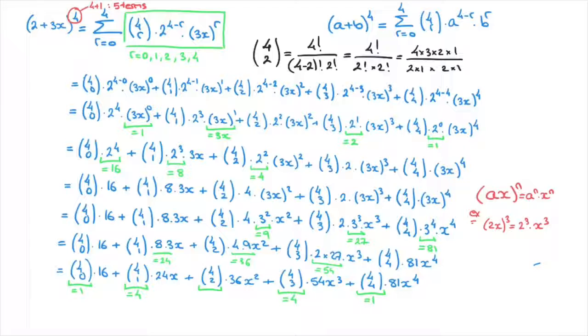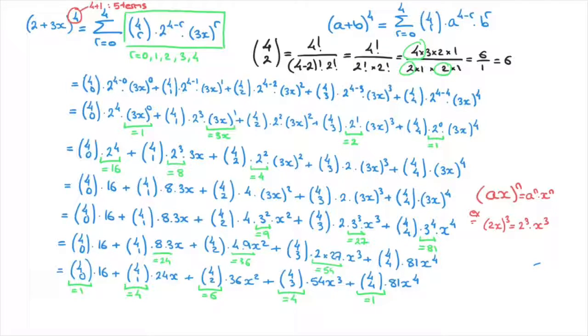Now on the denominator, we see that 2 times 2 equals 4, which will cancel out with the 4 on the numerator. So we're left with 3 times 2 times 1 on the numerator over 1 times 1. So that's equal to 6 over 1, which is equal to 6. So that middle binomial coefficient equals 6.